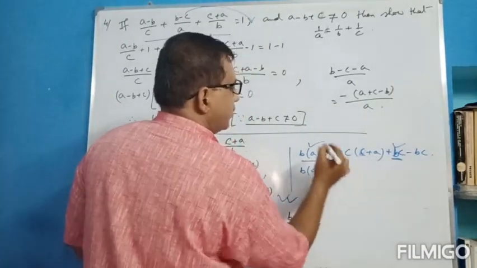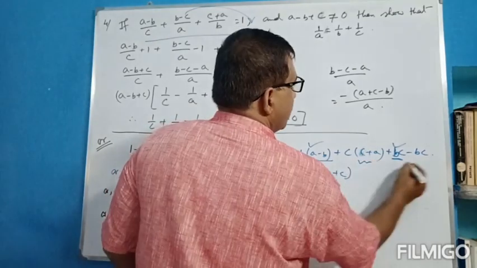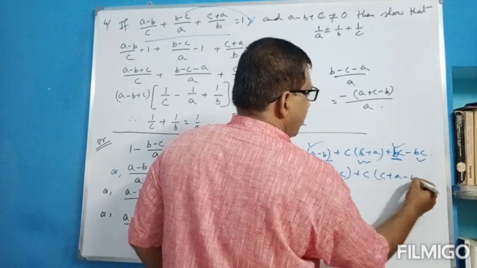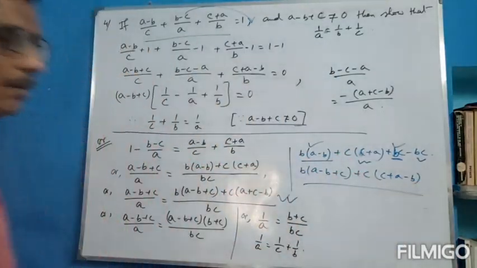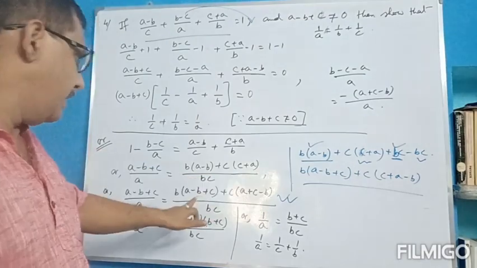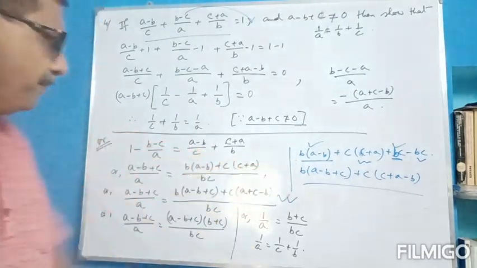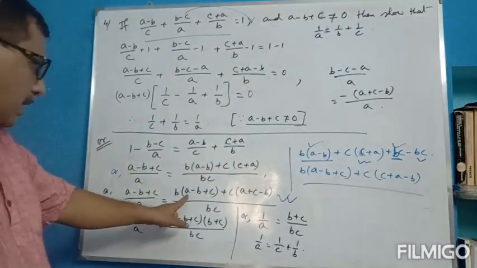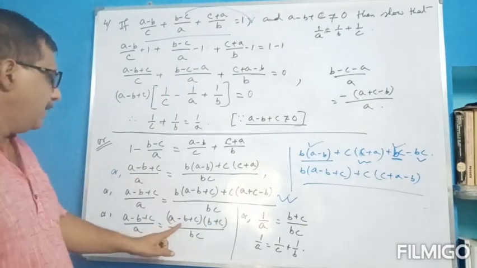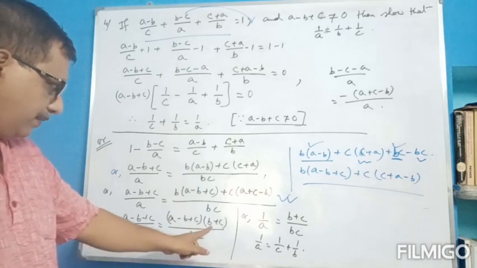From the other two terms, if we take c common, we get c plus a minus b. So we add plus bc and subtract bc: plus bc minus bc. The step is given here: b into (a minus b plus c), c into (a plus c minus b). Now a minus b plus c is common to both, so the remaining factor is b plus c.